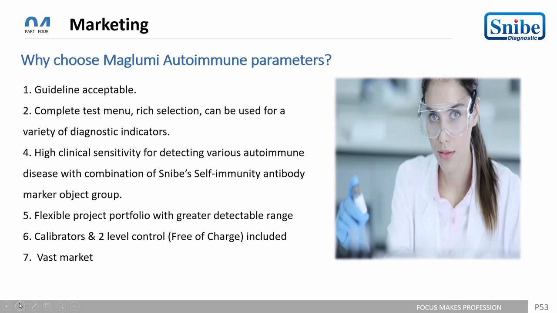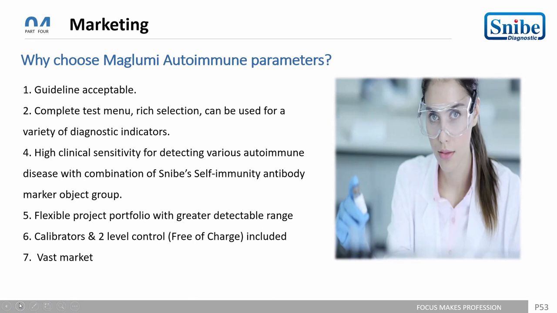We have clinical sensitivity and specificity on the basis of positive, negative and overall agreement with the gold standard for the analytes and various autoimmune disease markers. We have the broadest group, and a flexible product portfolio with a greater detectable range, broad measuring range, short turnaround time, less labor cost, and the reliability and accuracy of automatic platforms.